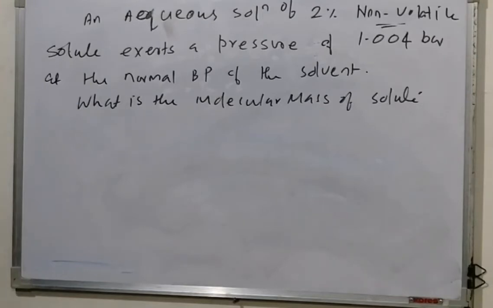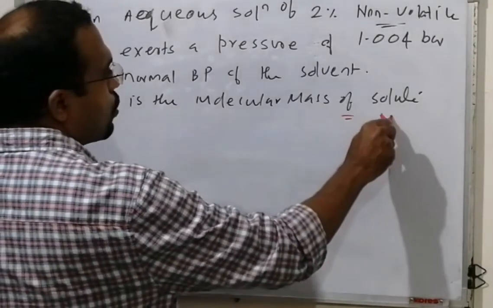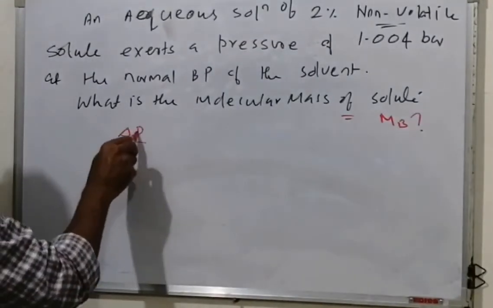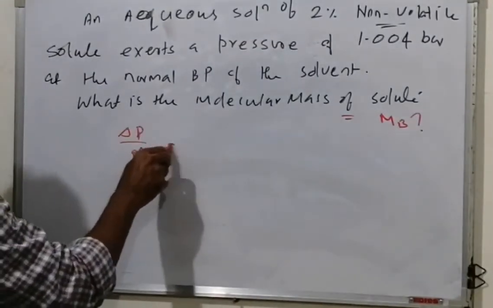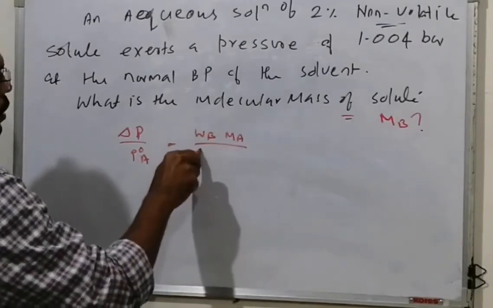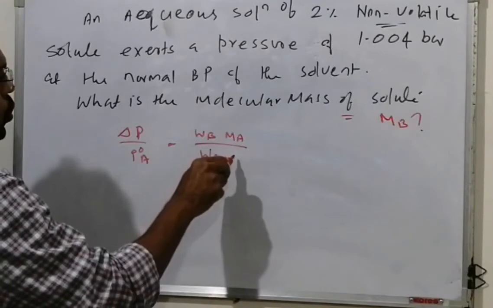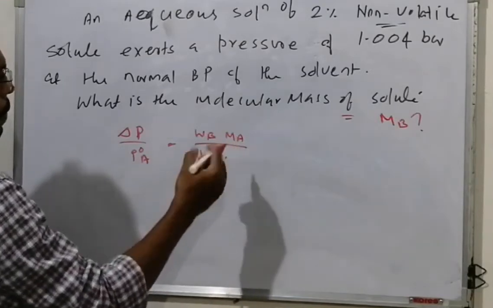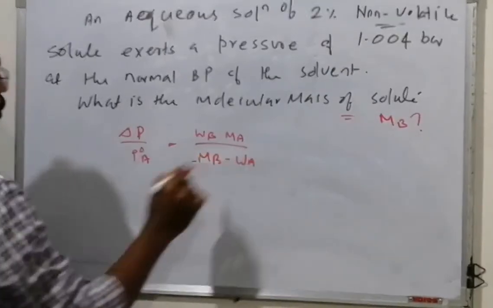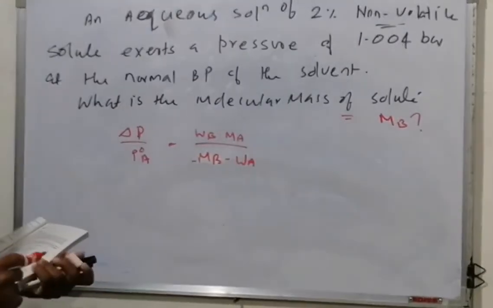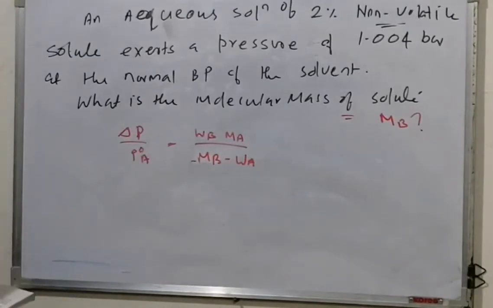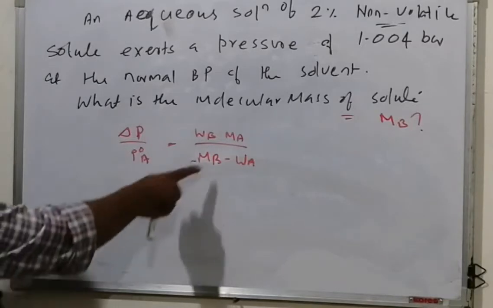We want to calculate the molecular mass of solute, that is MB. Therefore, our ΔP divided by P0A is equal to WB MA divided by MB into WA. This is our equation. Now we want to calculate this.